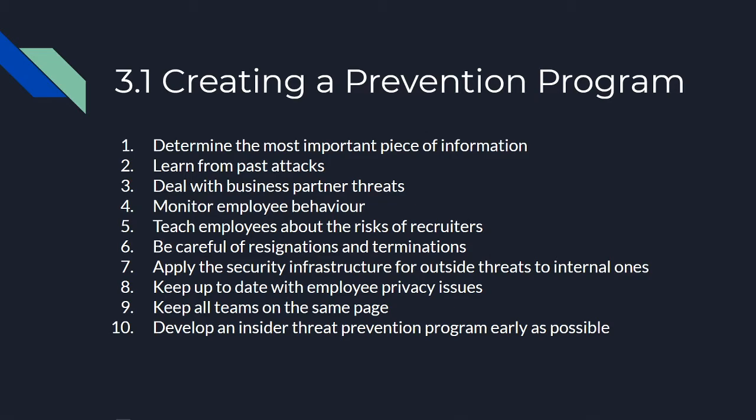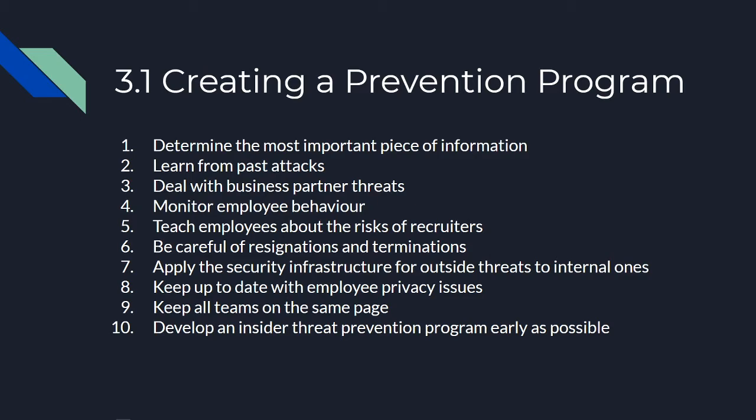Three is deal with business partner threats. So making sure that when you're working with business partners, you keep them on a shorter leash than you would employees, as they are the more likely people to steal your data. Number four is you should monitor employee behavior.